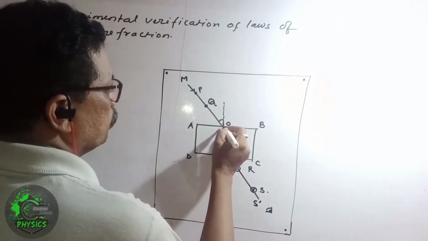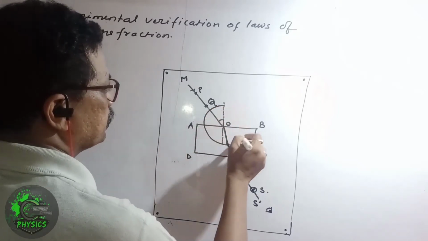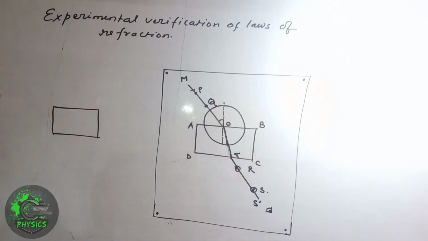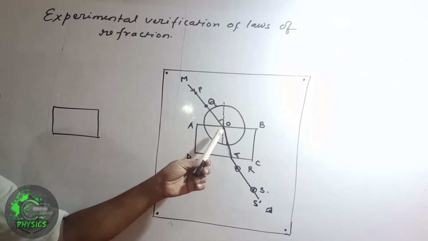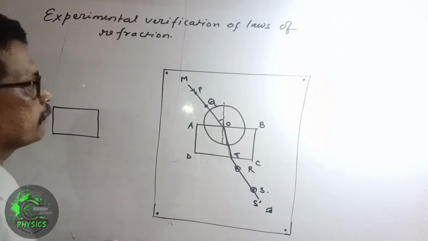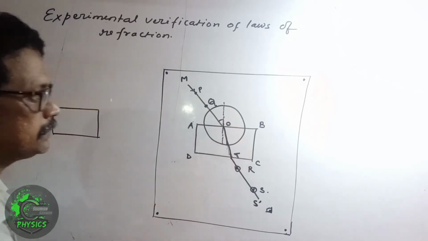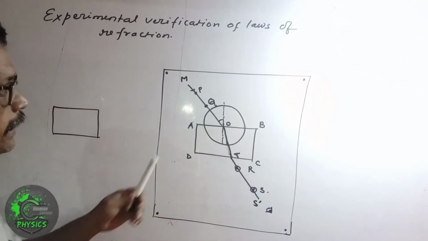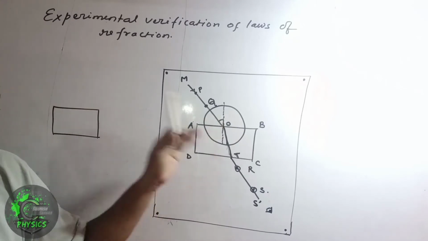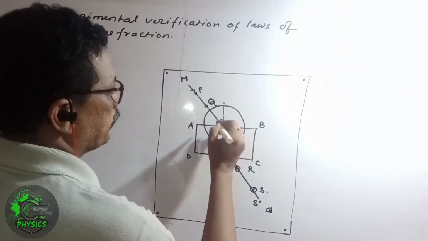Now taking O as center and any radius, you draw one circle. What is this angle? This is the angle of incidence, which can be measured by a protractor or can be decided by the experimenter. Any particular angle can be taken.